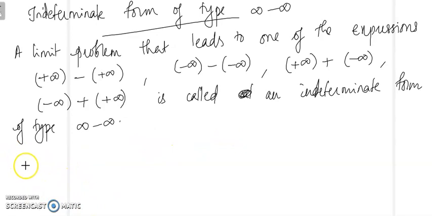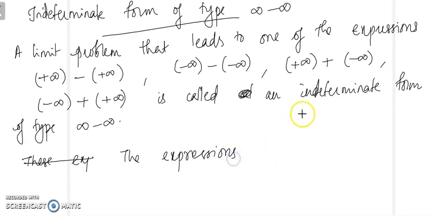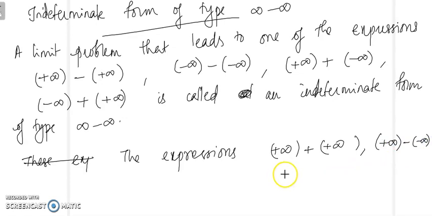If we take different combinations of plus infinity and minus infinity, you can get these expressions: plus infinity plus infinity, minus infinity plus minus infinity, and minus infinity minus plus infinity.